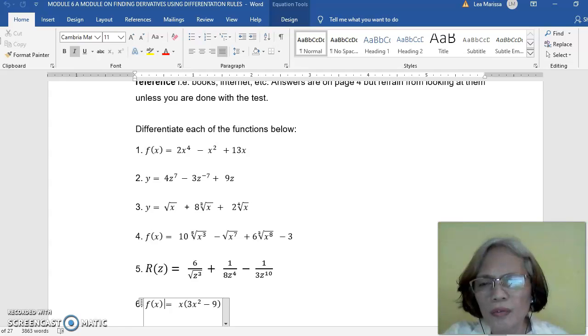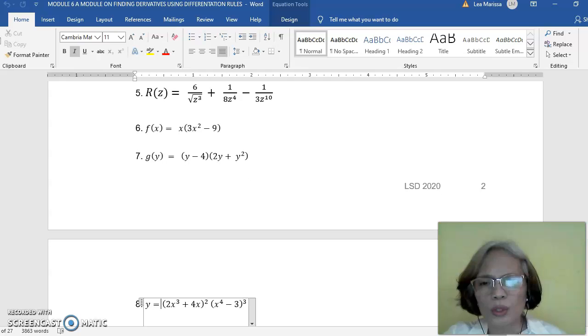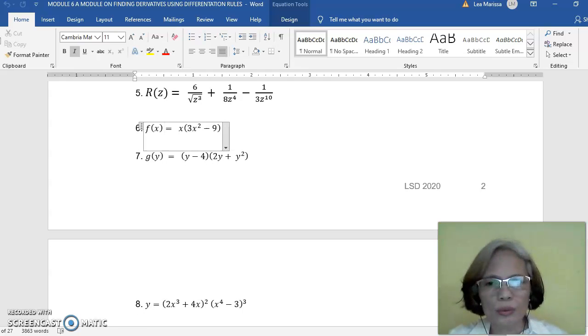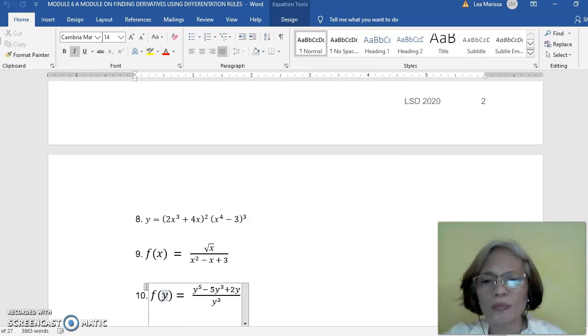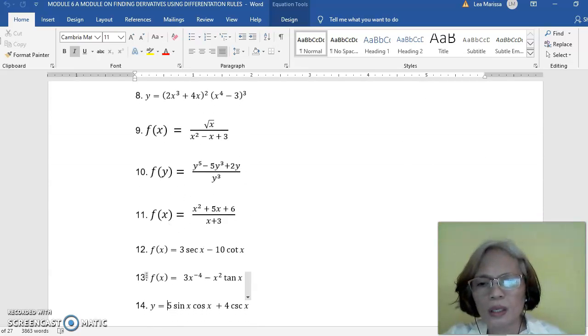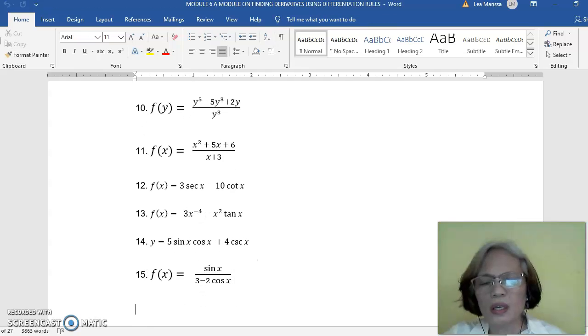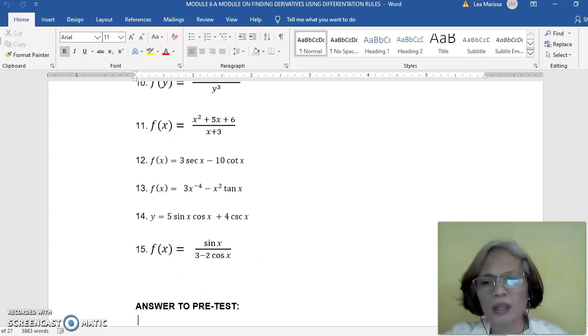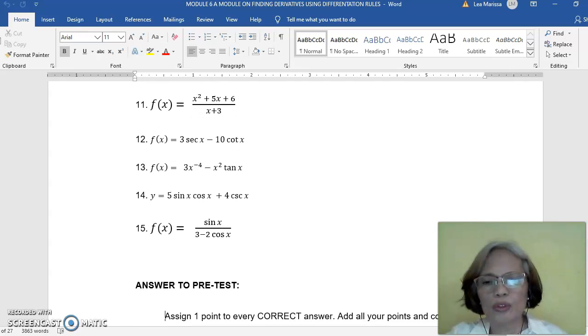I gave the instruction: differentiate each of the functions below. The idea is for the learners to recognize the functions, what type of functions these are, and then what differentiation rules apply.